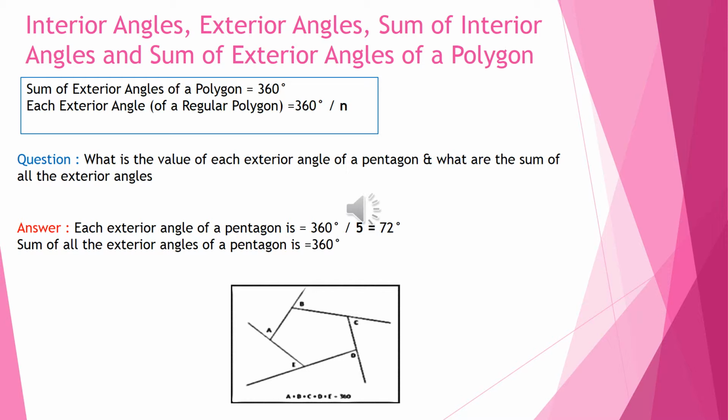What is the value of each exterior angle of a pentagon, and what is the sum of all the exterior angles? Each exterior angle of a pentagon is 360 degrees divided by 5, which would equal 72 degrees. And the sum of all the exterior angles of a pentagon is 360 degrees.